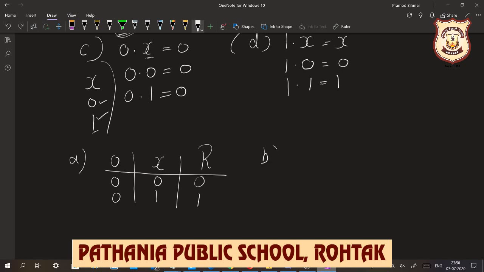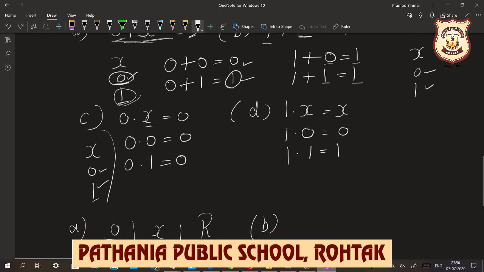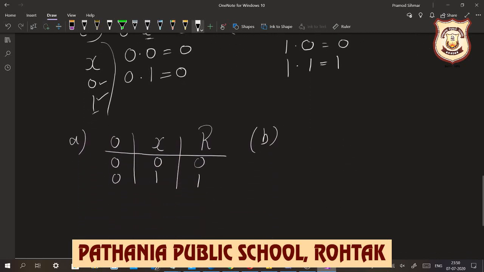And now we make the truth table of B also. In B, what is this? 1 plus x is equal to 1. So how to make the truth table of this? You can write down 1, x, and response.